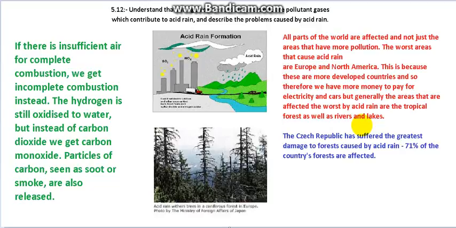But generally, the areas that are worst affected by acid rain are the tropical forests as well as rivers and lakes. Quick fact: the Czech Republic has suffered the greatest damage to forests caused by acid rain. A mind-boggling 71% of the country's forests are affected.